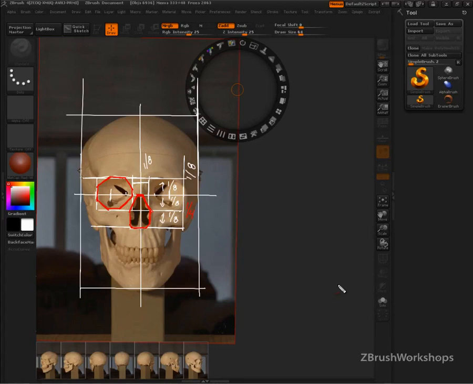The next measurement that we need to look at is where the teeth are. And this is pretty cool. You've probably already seen it, but that is 1/2 of the distance from the nostril opening to the chin. That's 1/2. Pretty astounding. It has nothing to do with half the width, and this is where proportions get confusing.